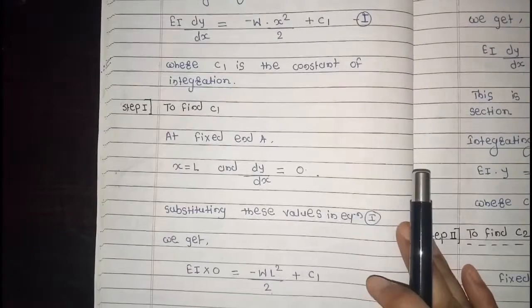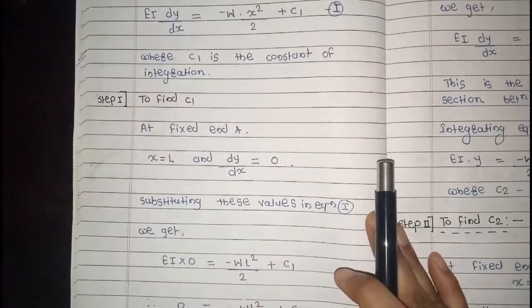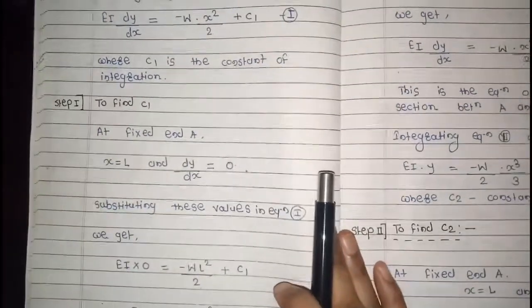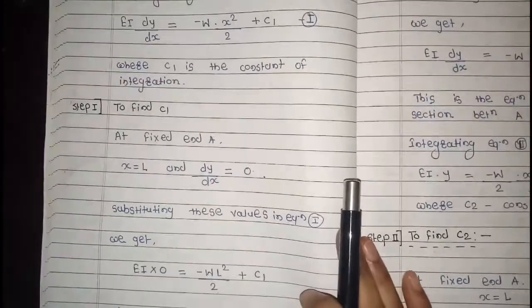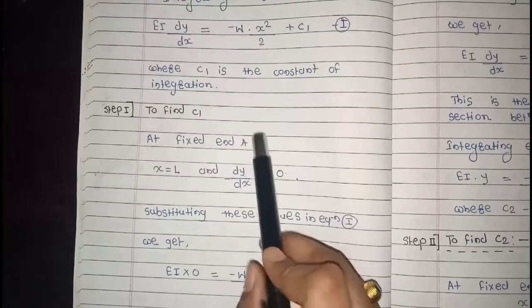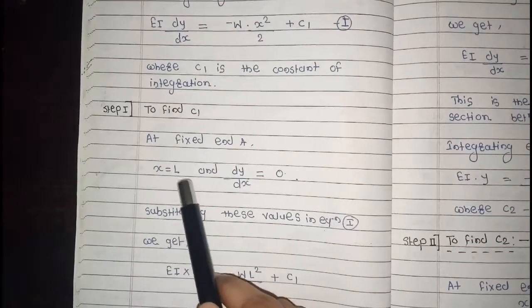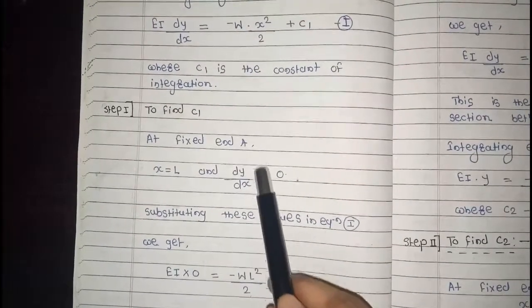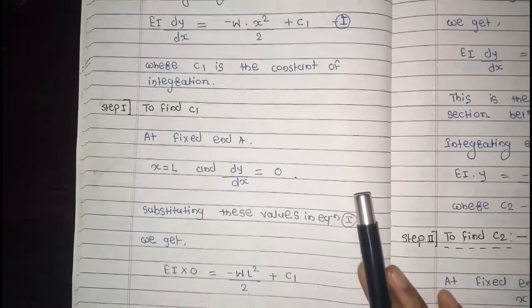So step first, to find c1. At the fixed end, point A, x is equal to L and dy by dx is equal to 0.